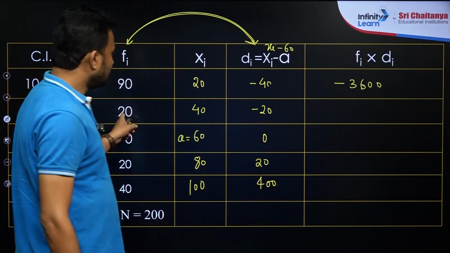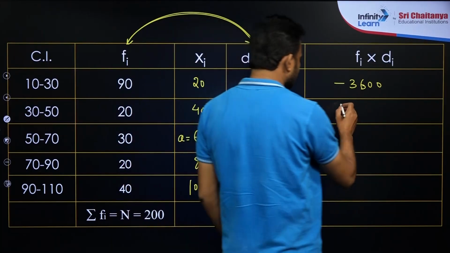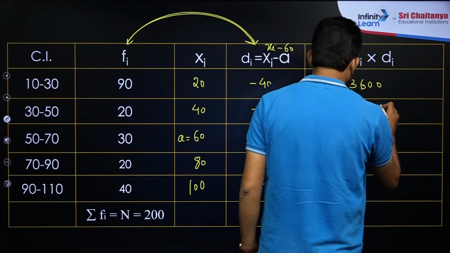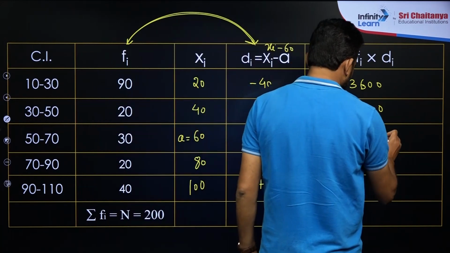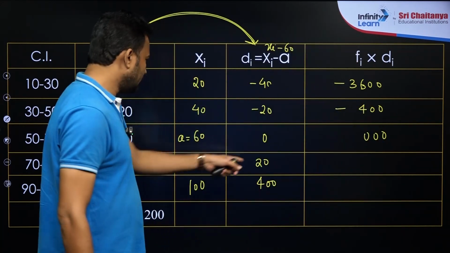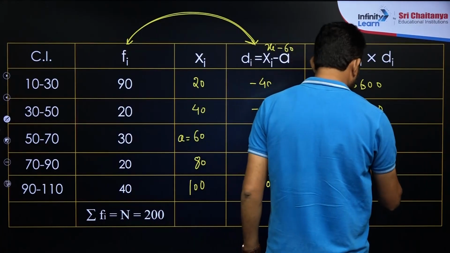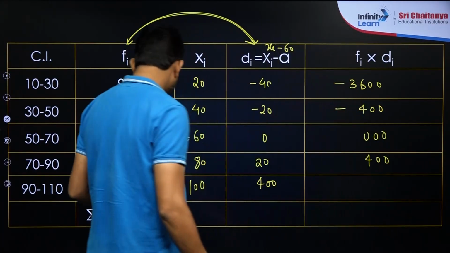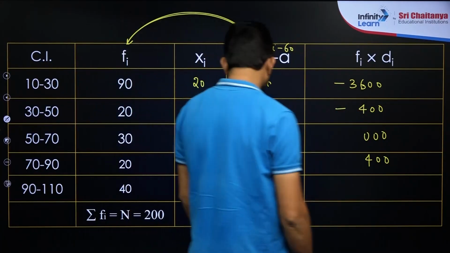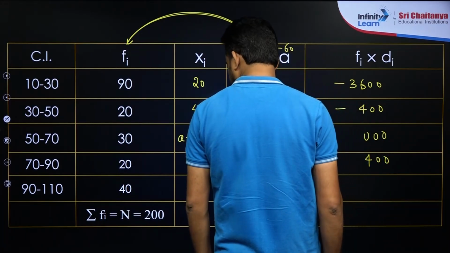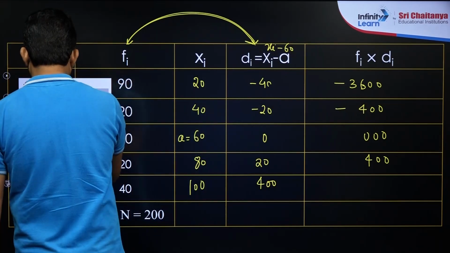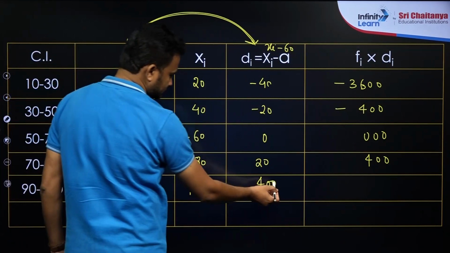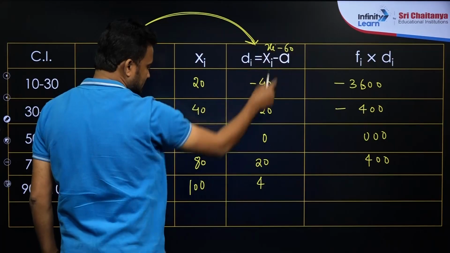So 20 into minus 20 is minus 400. Now 30 into 0 is 0. So 20 into 20 is 400. And 40 into 40, guys, please correct this: 100 minus 60 is 40.